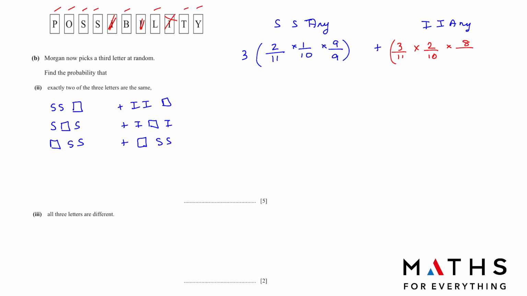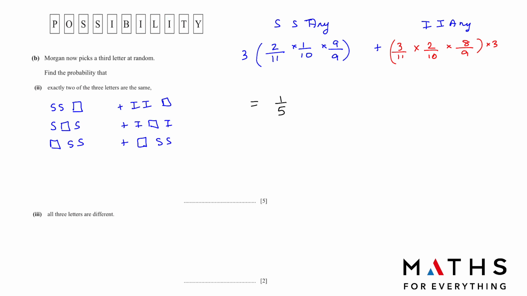Oh, sorry, this is 10 here. Now the total remaining is 9. Even though I cannot take the I, I can still count it, right? So this is 1, 2, 3, 4, 5, 6, 7, 8, 9. The whole thing we can multiply by 3 because there are 3 types of combinations. Put this whole thing in the calculator and you will get the answer 1 over 5.